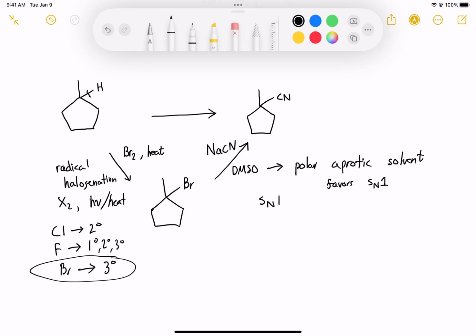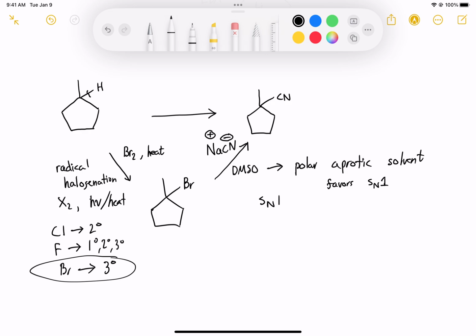Okay, so you might think, why not protic because it's SN1? Well, the reason is that our nucleophile is charged, negatively charged. So negative cyanide and positive sodium. The sodium will just be in solution. So to limit the reactivity here, we want to use a polar aprotic solvent, so the reaction goes to completion and favors substitution instead of elimination.